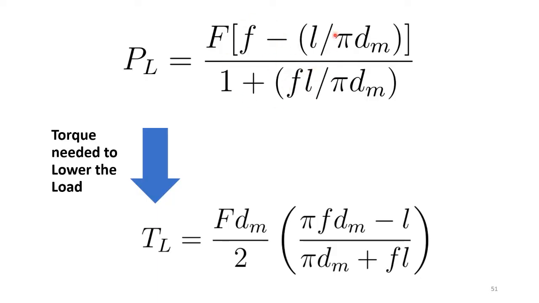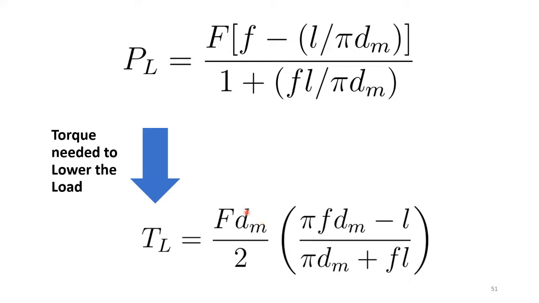Okay, so if you multiply again the numerator by pi dm, you will get this expression, and the denominator by pi dm, you also get this expression here. Okay, then to determine the torque needed to lower the load, TL will be equal to F times the radius.